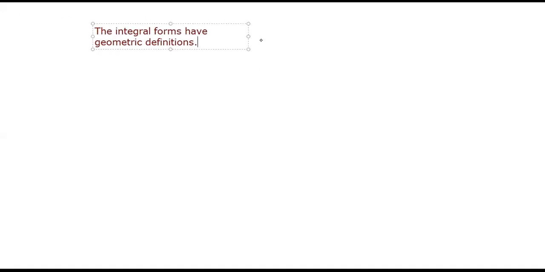So just like the actual derivative itself has a geometric definition. Just take df dx, and that's the limit of secant lines as secant lines turn into a tangent line.